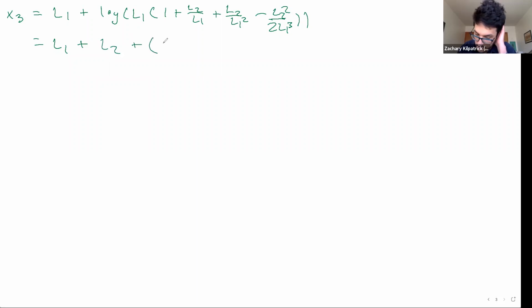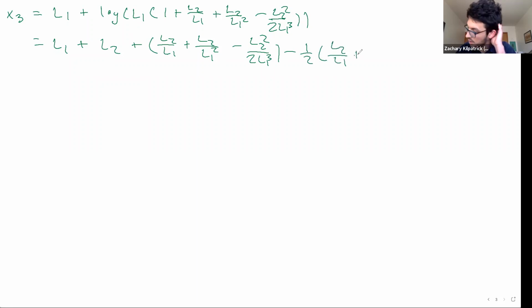Taylor expand again, and now I get something manageable, but certainly lengthier: L2 over L1 plus L2 over L1 squared minus L2 squared over 2L1 cubed minus a half of L2 over L1 plus L2 over L1 squared, so on and so on, squared, okay? So when the dust clears, we have the first 2 terms that we had before.